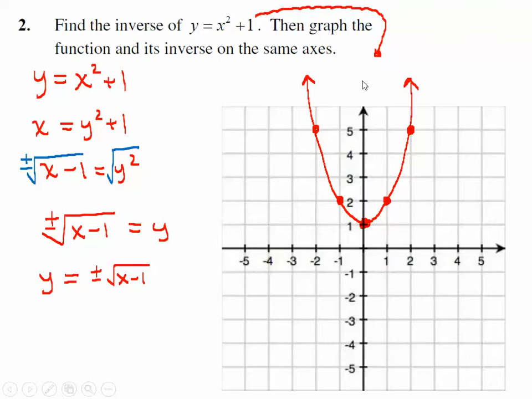Well, I have right here, what, 1, 2, 3, 4, 5. I got 5 points here. Can't I just switch the x and the y right here? Like this right here, 2, 5. What would be the inverse coordinate of 2, 5? We don't switch the sign, we just only switch the coordinates.